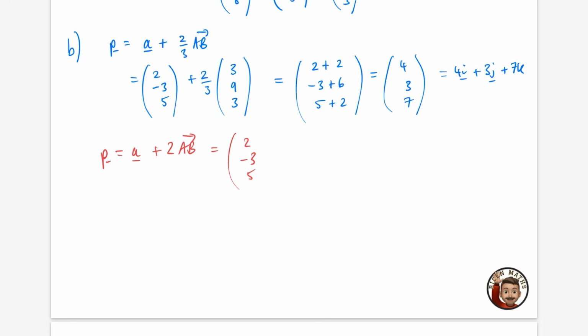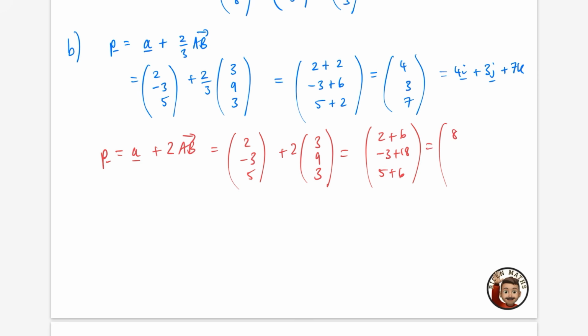So this will be a 2 plus 6, a -3 plus 18, and a 5 plus 6. So that's going to be an 8, a 15, and an 11: 8i, 15j, and 11k.